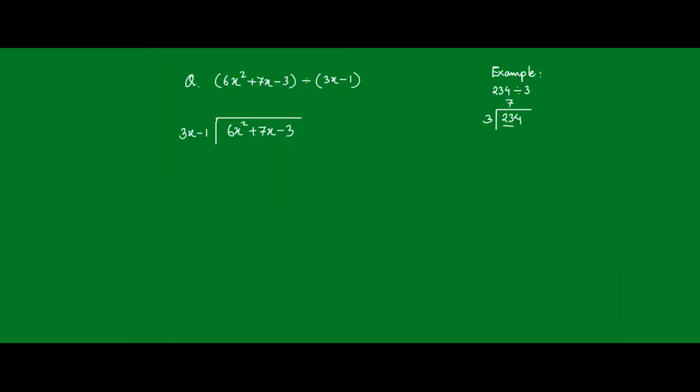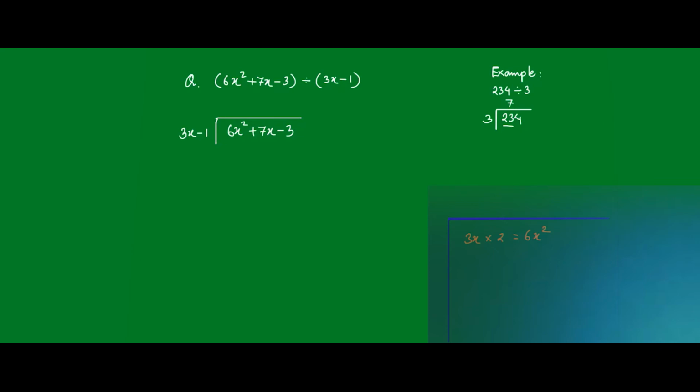Let us think about the coefficient here. 3 times what coefficient would give you a coefficient of 6? Very simple, a 2. So 3 times 2 would give a coefficient of 6. The variable we have is only x, but we have to get x squared. So what would you multiply with? Yes, we would multiply with another x. So if we multiply 3x times 2x, we get 6x squared. So the term we need is 2x.